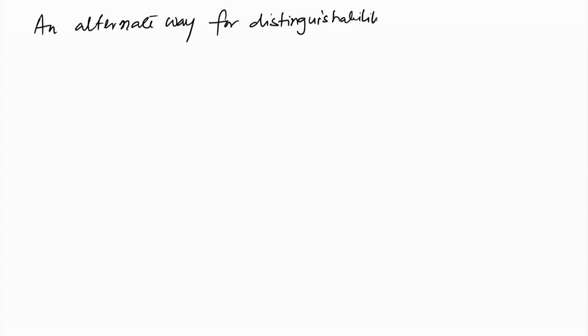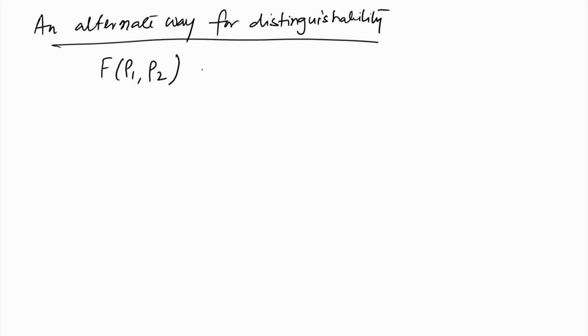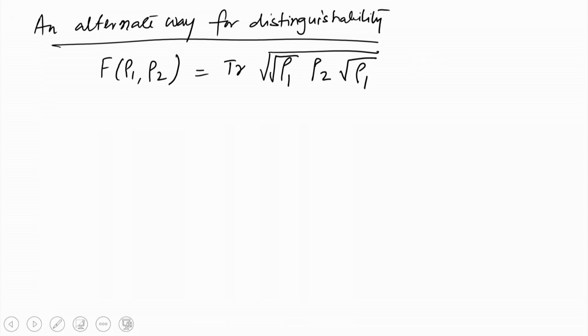There is another way to talk about the distinguishability, an alternate way, given by a quantity F of rho 1, rho 2, which is the trace of the square root of, square root of rho 1 times rho 2 times square root of rho 1. That is the definition of this distinguishability.